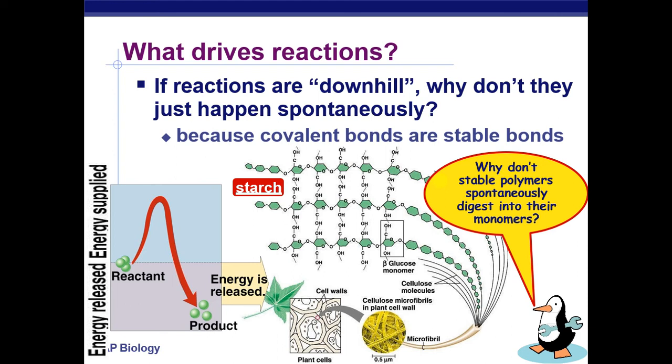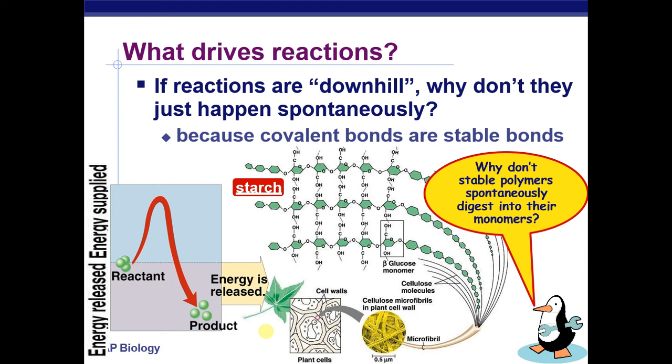So that comes to the question of, if these exergonic reactions go downhill, why don't they just happen all on their own? Like right now, why doesn't all of the carbohydrates in your body spontaneously, on their own, suddenly come apart into monosaccharides?